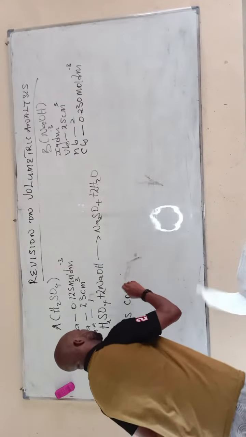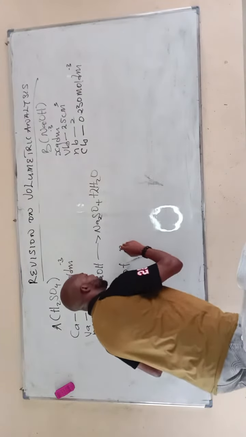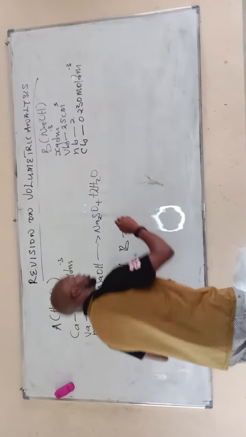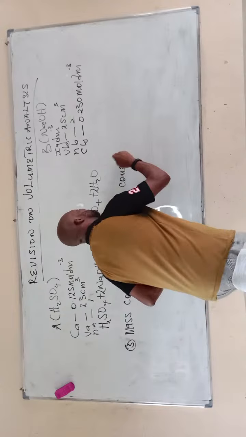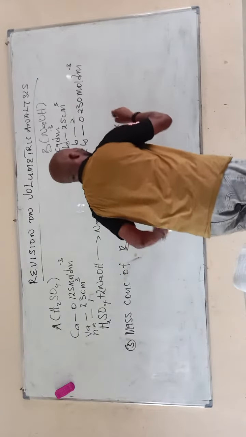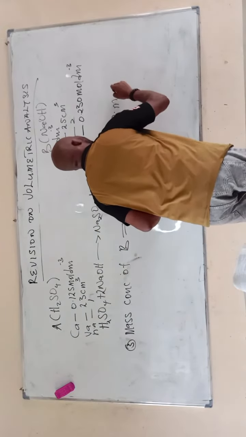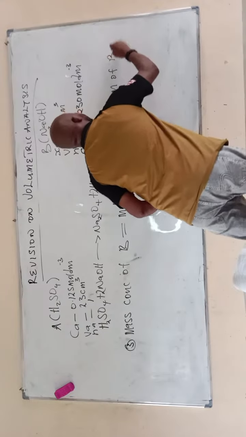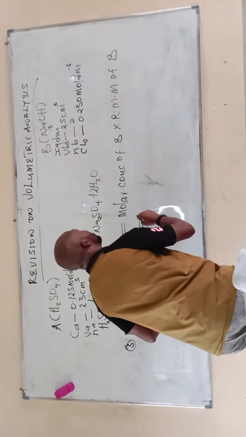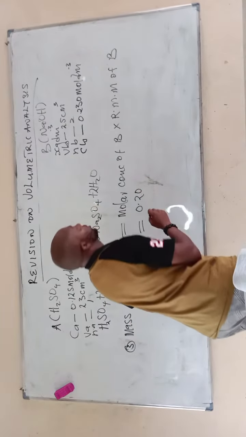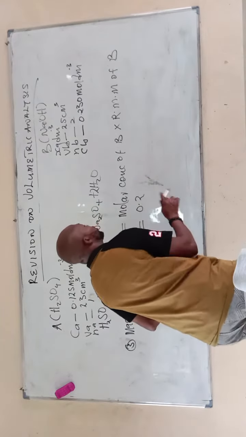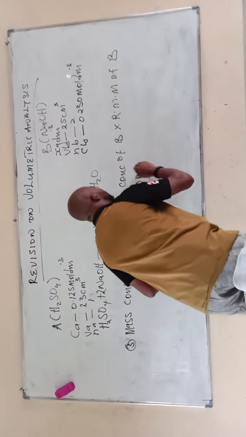Mass concentration of B is equal to the molar concentration of B times the relative molecular mass of B. So the molar concentration of B is 0.230 mole per dm³.